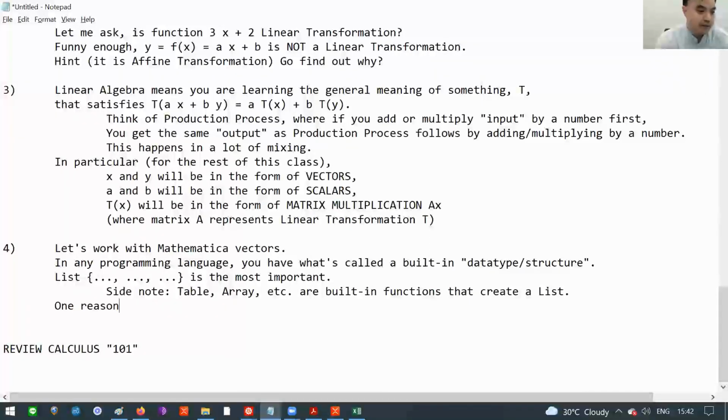One reason is that you can use a list of n elements to represent an n-dimensional vector. This is n numbers.